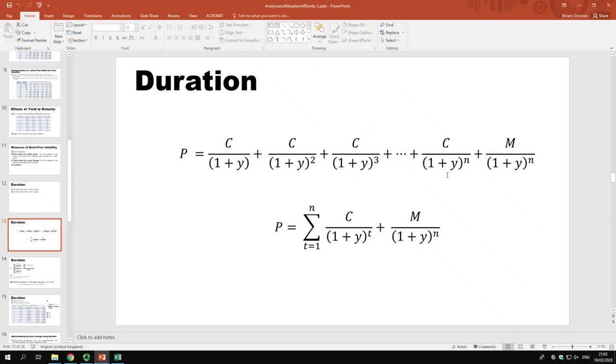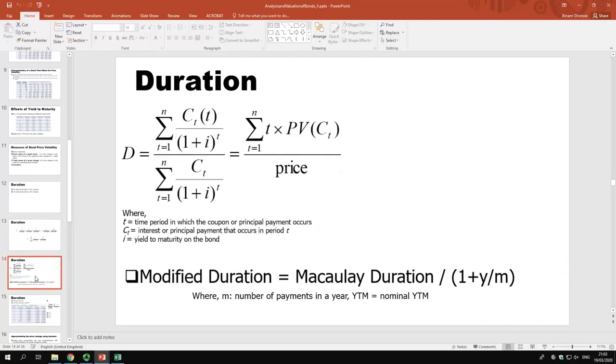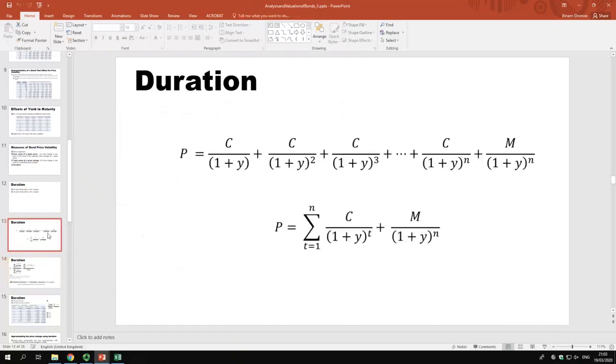However, in order to calculate the duration, you need to do a small extra addition, which is this. If you can see, this formula here is similar to what you can see here.